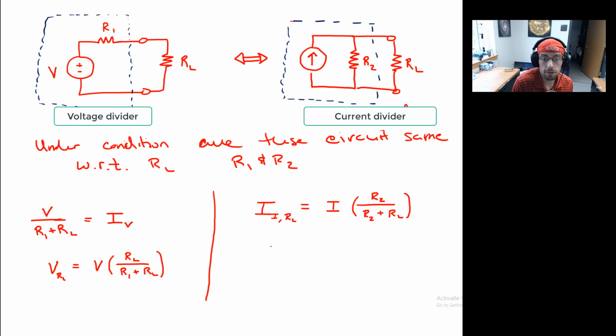If this is the current flowing through RL, then we need to find the potential drop across RL. Again, we take the current flowing through the load and multiply by the resistance. So we have I times R2 RL over R2 plus RL.